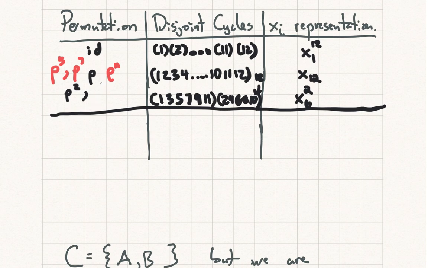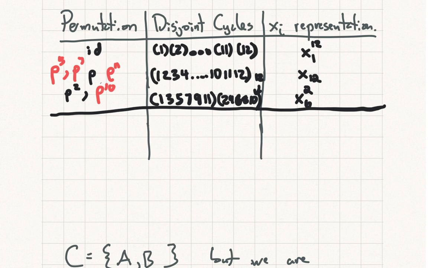Maybe I'll write rho to the 10th in red, just to say that this is one that behaves the same way, even though the cycle type is for the black one. You can check if you want to make sure. Work out the cycle type for rho to the 10th. You can just go around the circle and think about what's going on, and you should see that it's 2 6 cycles like we have here.